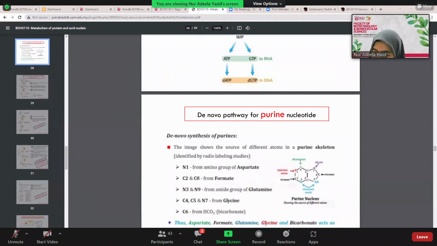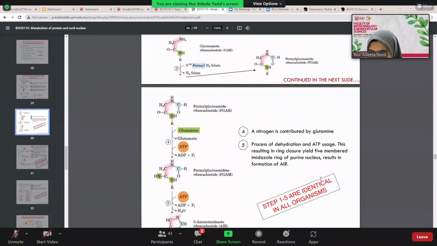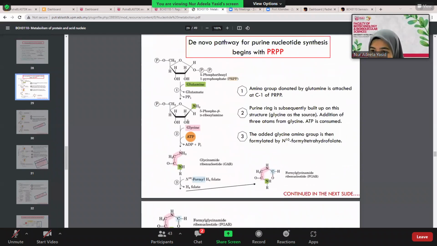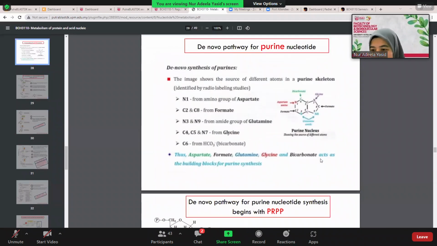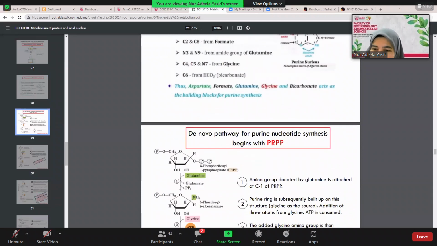When we look at a pathway like this, the facts are stated there. If you just read it, you will feel there is a lot. But how do you understand every step? If you study the first step, you put the structure next to it so that you understand.